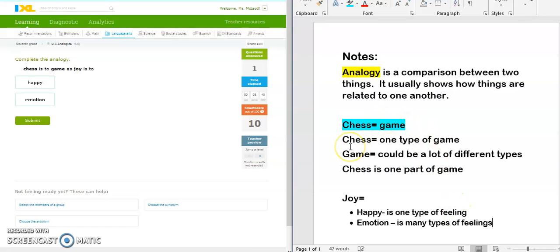So chess is one, and it's part of a bigger group, which we call game. Just like joy is, that's right, an emotion, because joy is one type of many emotions.